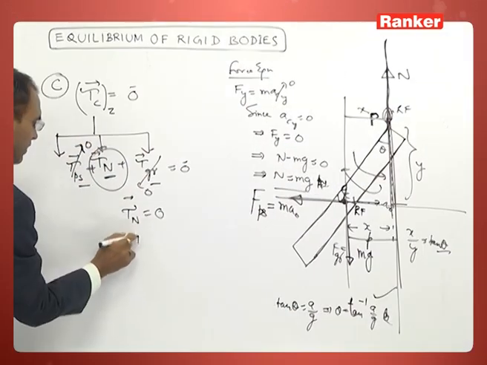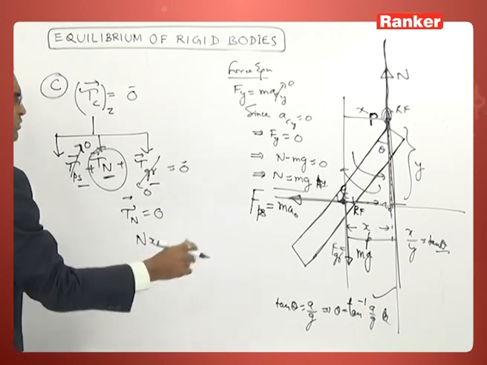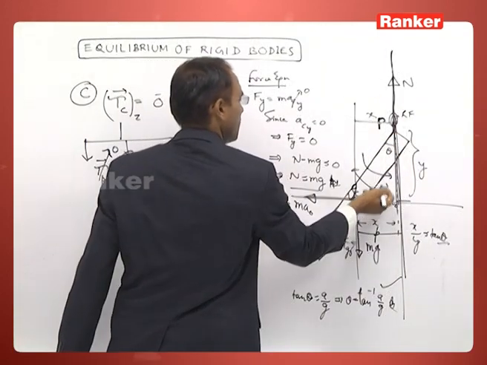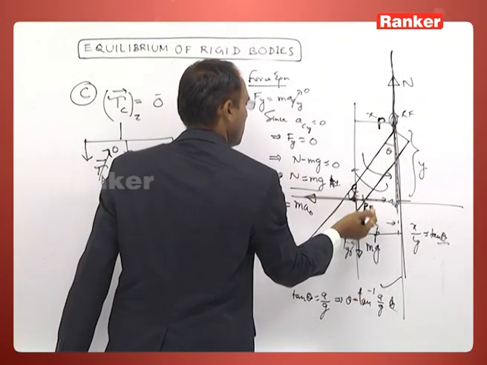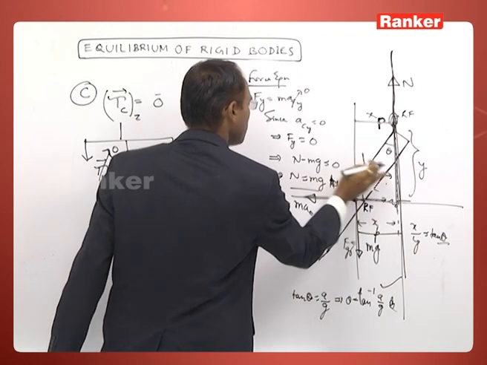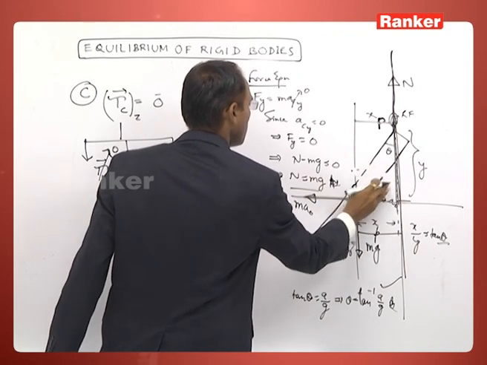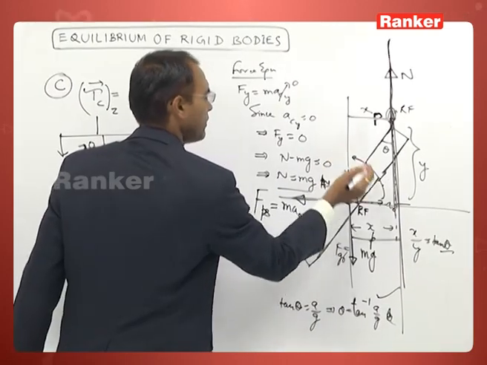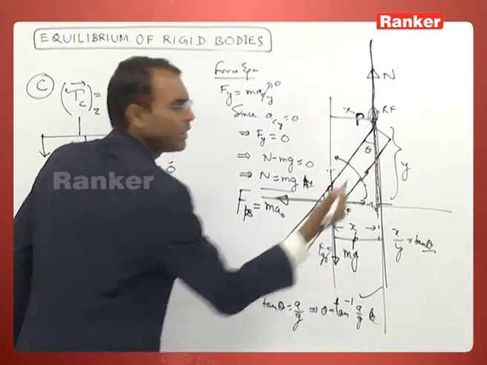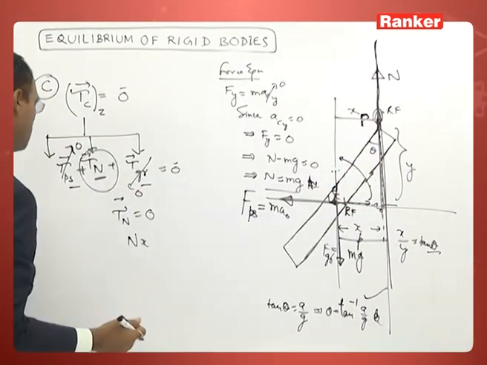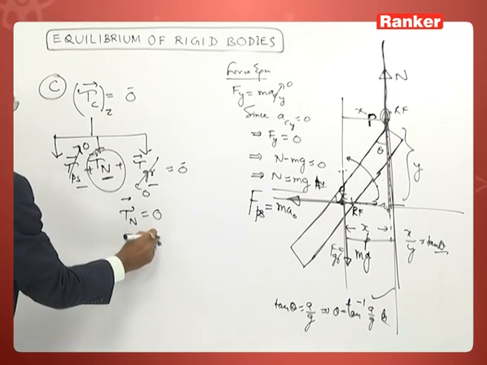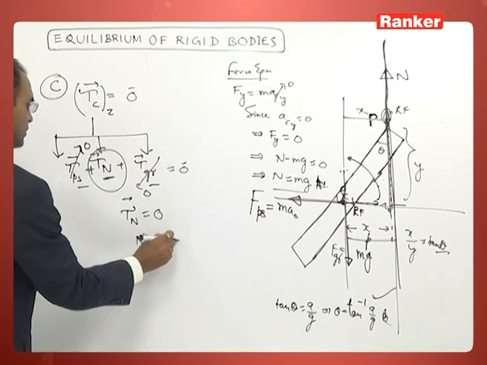So normal reaction into x. In which sense will this rotate the rod? It will tend to turn the rod in the counterclockwise direction.